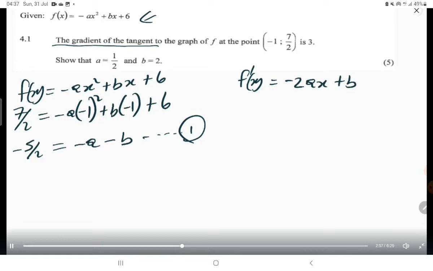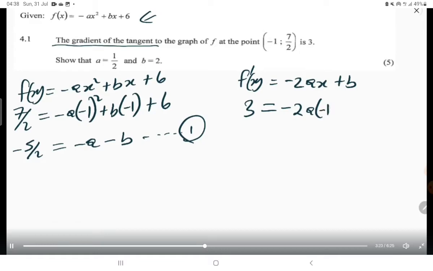So after finding the derivative, we are going to substitute. Remember, this is the derivative. This is the gradient. So in the place of the gradient, we can just put 3. Then this is equal to negative 2, then a. In the place of x, we put negative 1, remember?